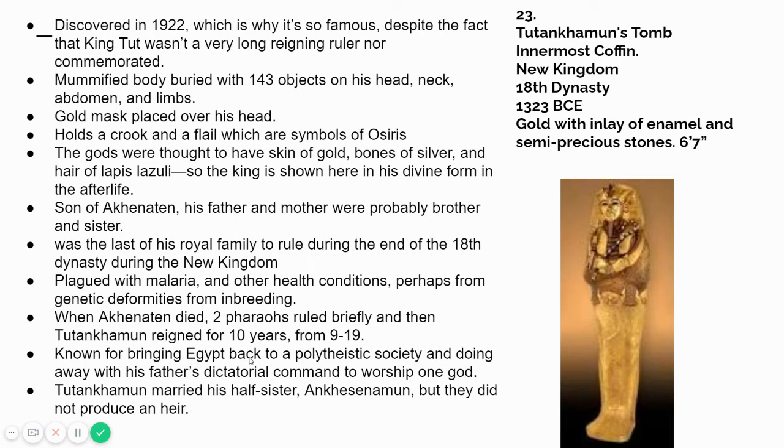So King Tutankhamun is the son of Akhenaten, okay?